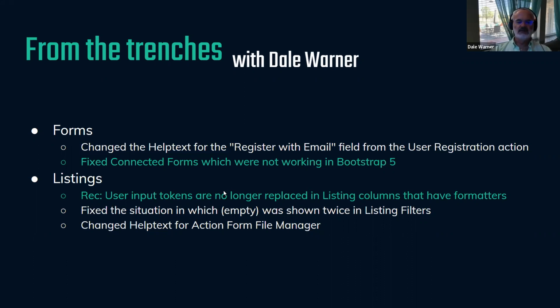And then there's another one that is probably a use case that doesn't apply to you, but if you're trying to put tokens into your listing column formatters, they were being evaluated as you submitted instead of being evaluated at the time the listing was shown. So we've fixed that very minor problem.